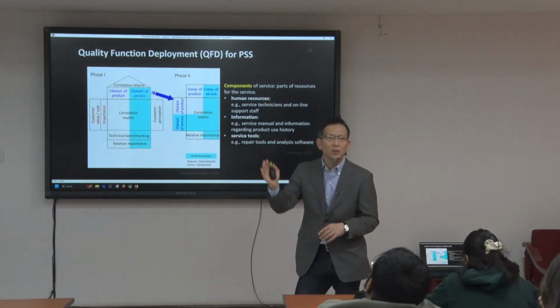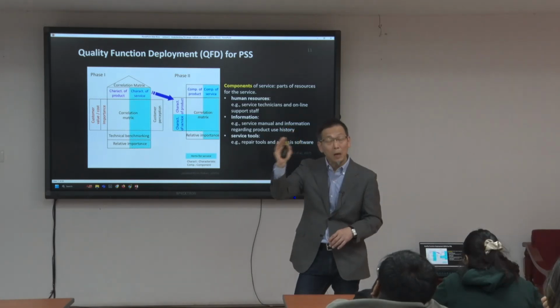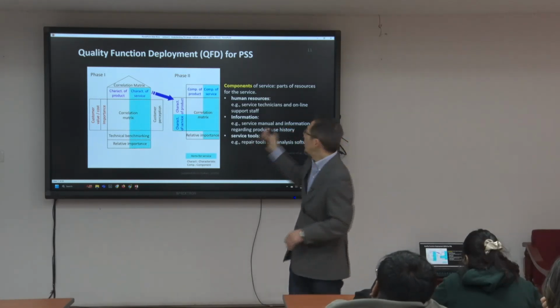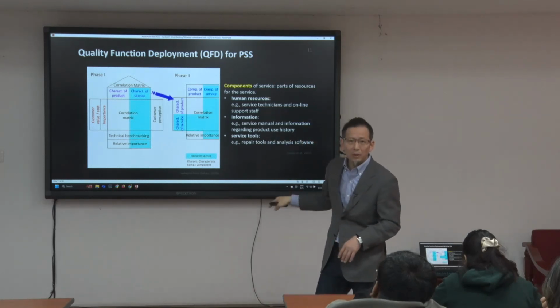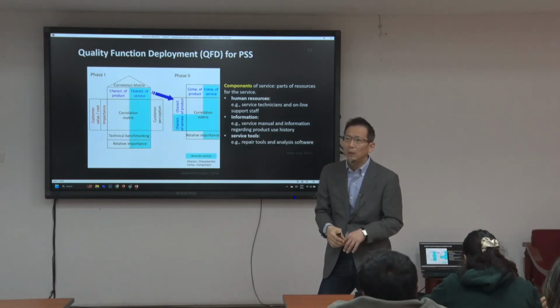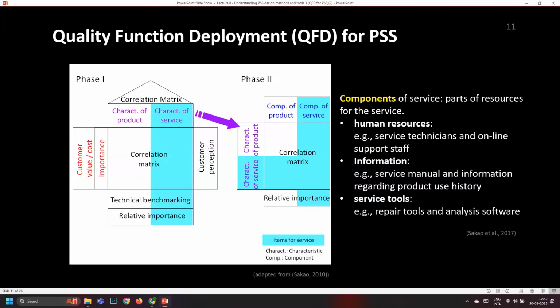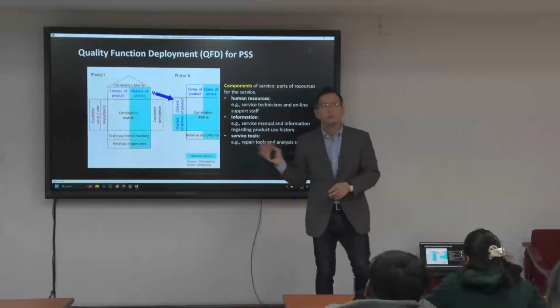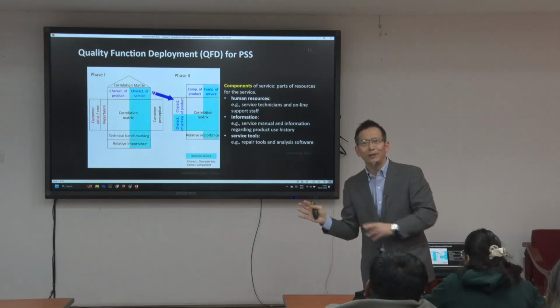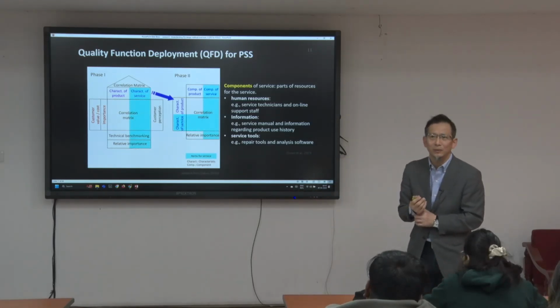Depending on the designer's decision on how responsive the service should be, the required components for a service are different. If the service designer wants a very fast response, then they perhaps require service tools like connectivity and analytics. This is one important message from this QFD procedure: the order is not random, it is deliberately chosen.